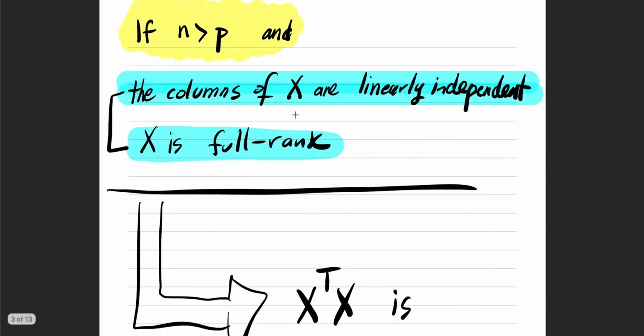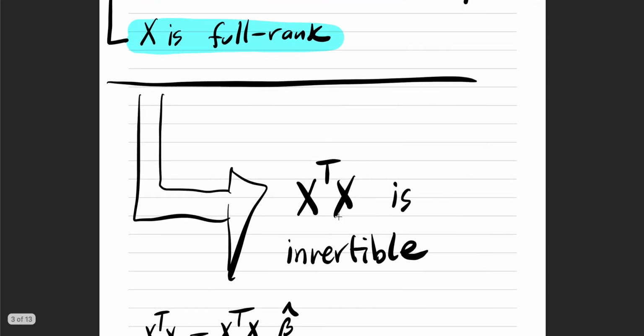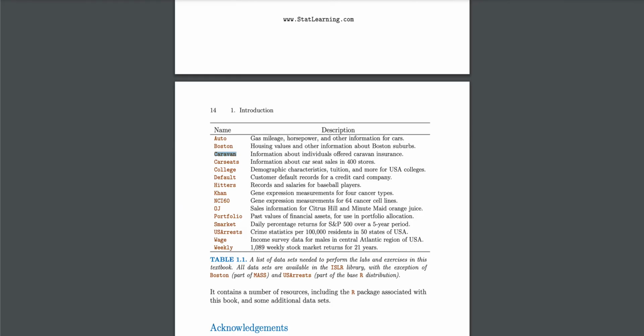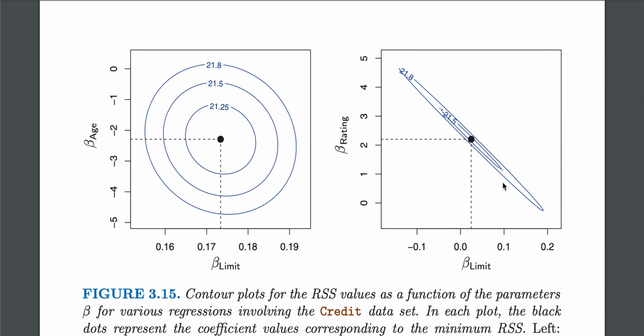There are columns which are linearly dependent, and when that happens, this matrix becomes nearly uninvertible, and when you try to do that inversion, we'll end up with these contour plots which cover a larger area, leading to wide confidence intervals.